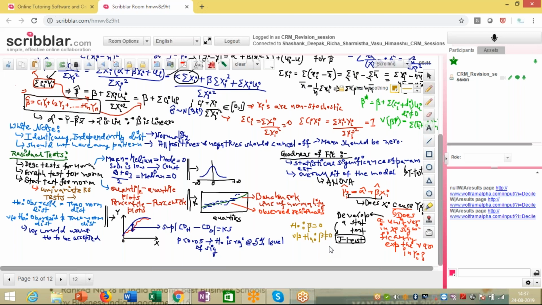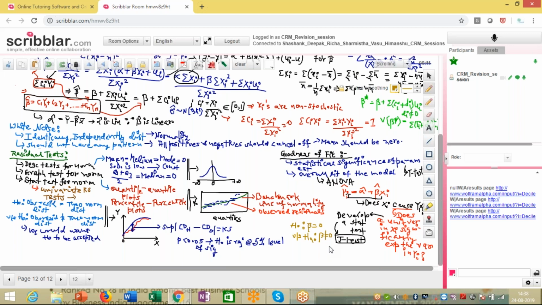All it means is that yes, there is a value, but that beta is an observed beta. It is not statistically significant. Versus the alternate hypothesis is that beta is not equal to 0. So it means that the value that I can see for beta is a statistically significant value. This is precisely what the test hypothesis is.